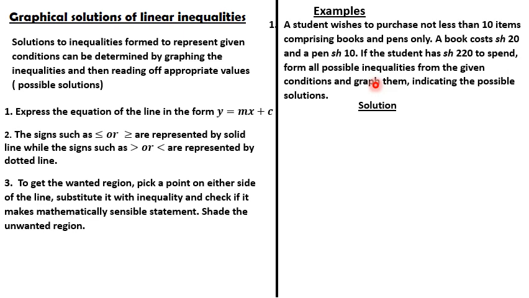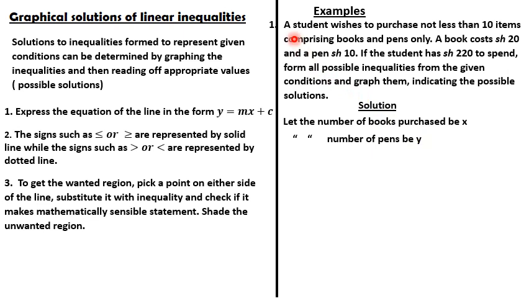So let's say that the number of books purchased is X. We can also let the number of pens purchased by the student be Y. So we assume that the number of books the student purchased is X, while the number of pens purchased is Y.